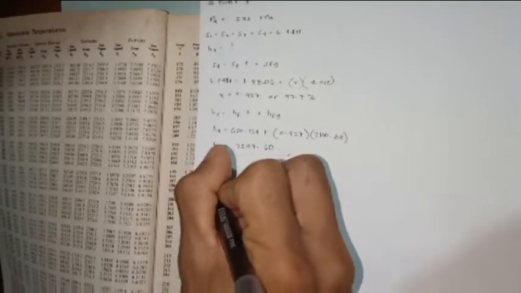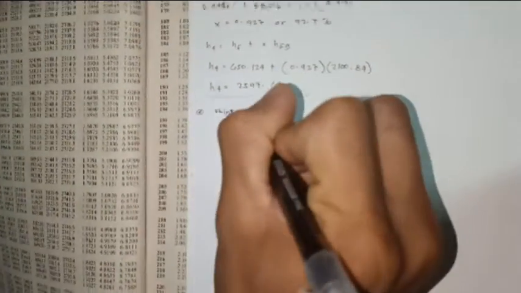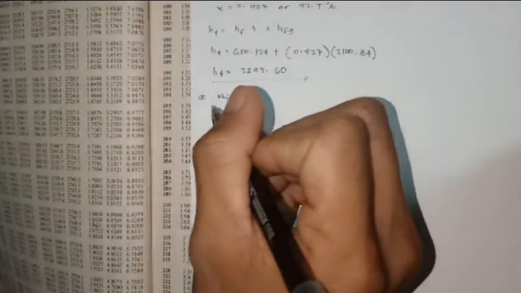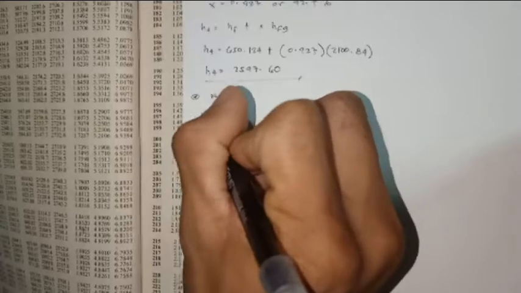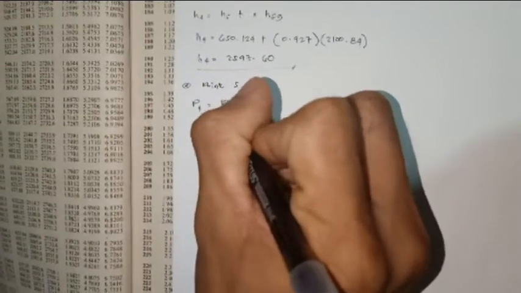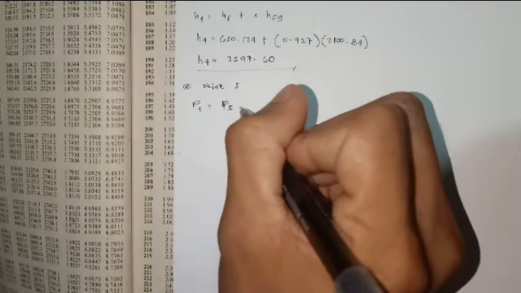So let's proceed to point 5. At point 5, pressure 4 is equal to pressure 5.